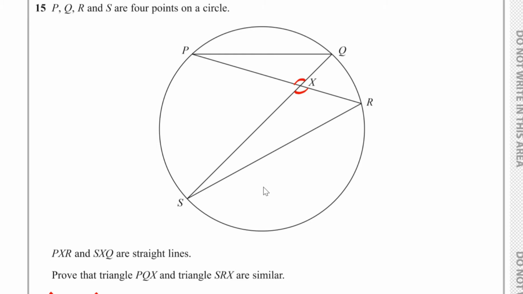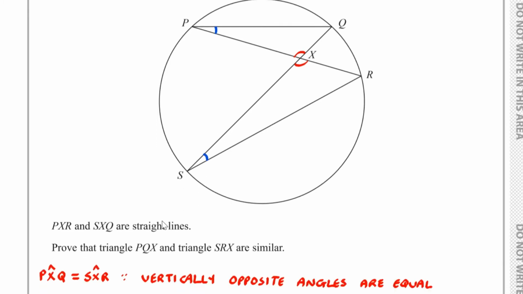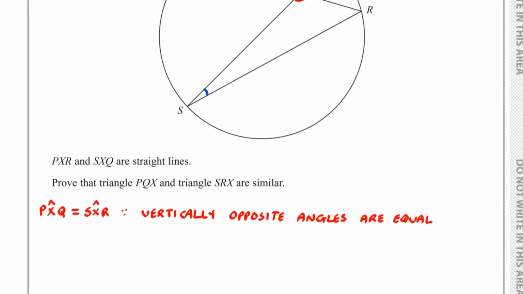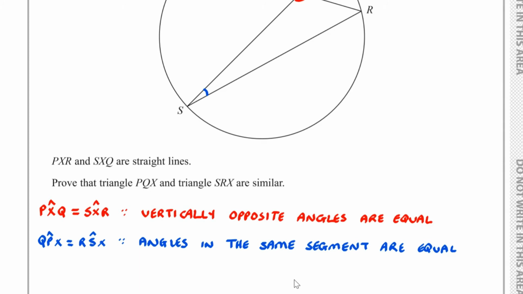Then we have this angle QPX equaling this angle here, and the reason for that is they are angles in the same segment. And that's because angles in the same segment are equal.